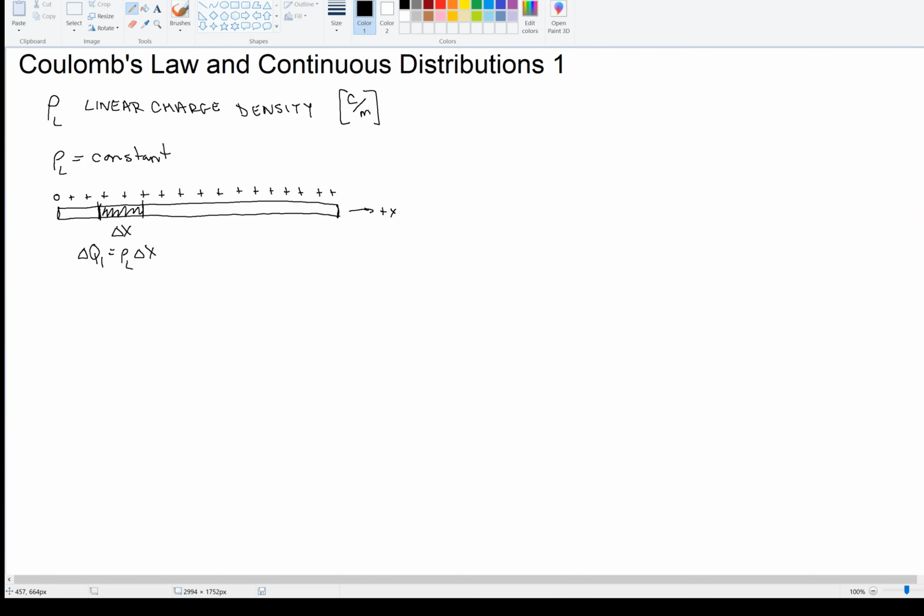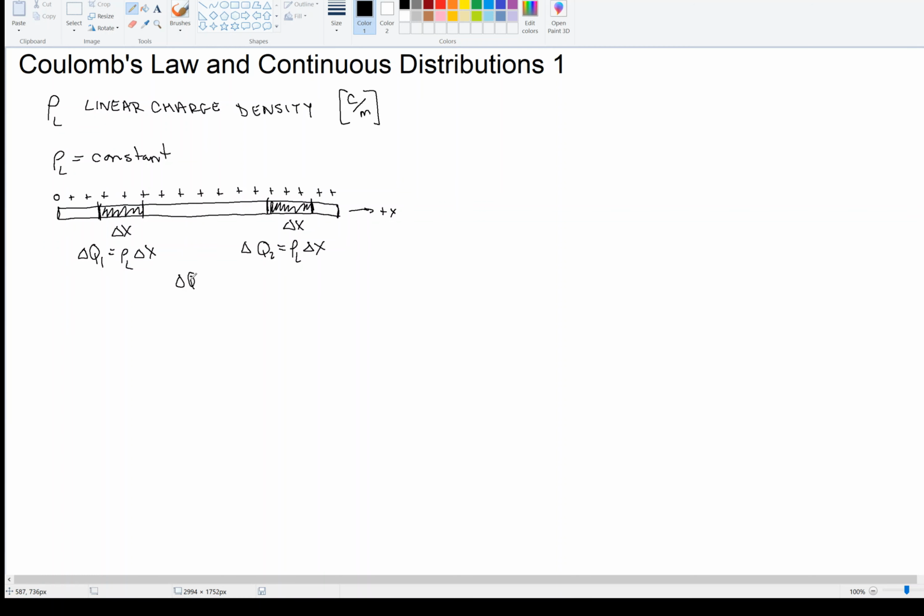So why is that? Well, remember the charge density is coulombs per meter, and so we slice this thing with something in meters, so we get the charge then. And the idea behind uniform charge density, or uniformly distributed, is that if I take a slice of equal length over here or somewhere else on this thing, so here's delta x, the same length, and we measure the charge on this thing, call that delta Q2, it's going to be identical.